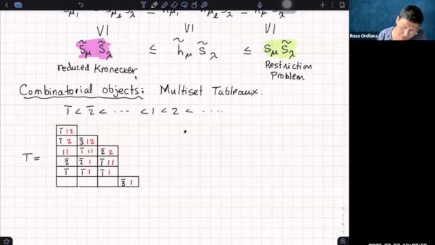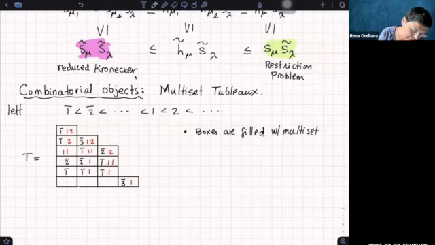So first, notice that the boxes are filled with multisets. That's why they are called multiset tableau, filled with multisets. And the letters are coming from this alphabet, and these are the order of the letters, right?